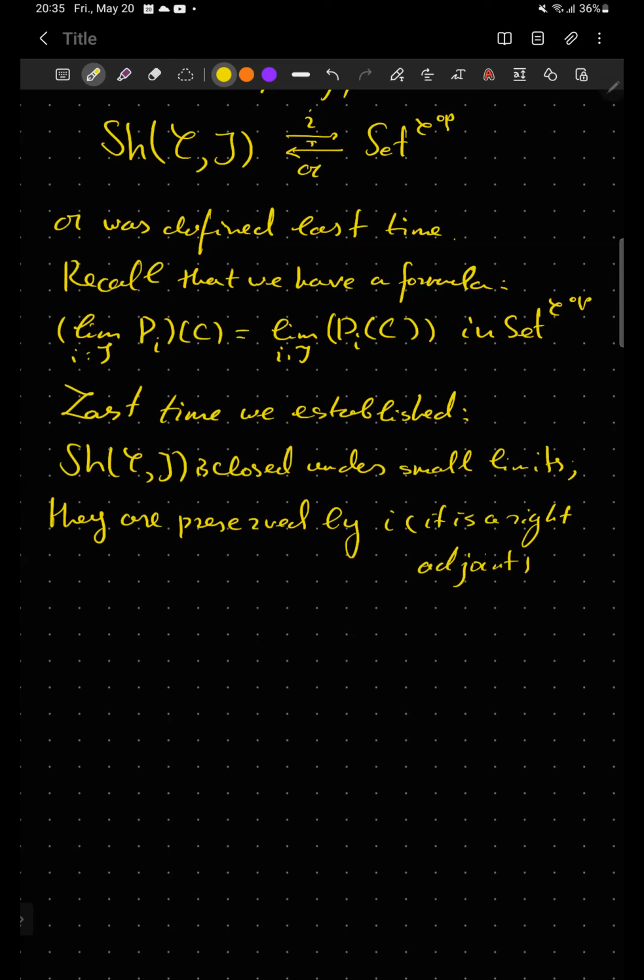Okay, in particular, we see that the limit of an empty diagram, which is equal to the terminal object, is in fact a sheaf.